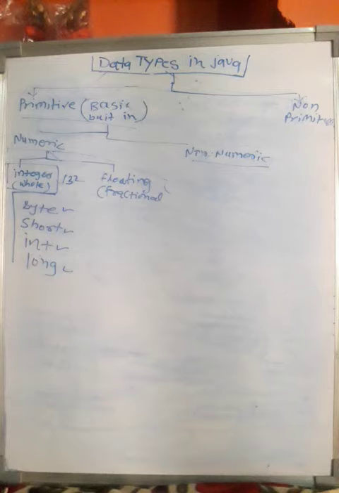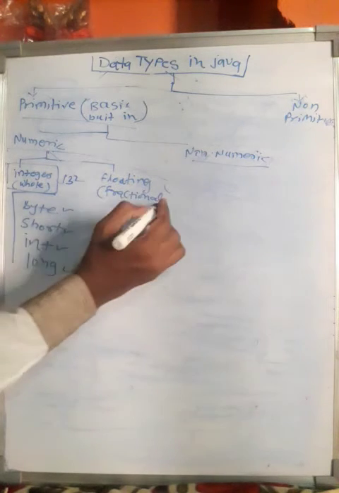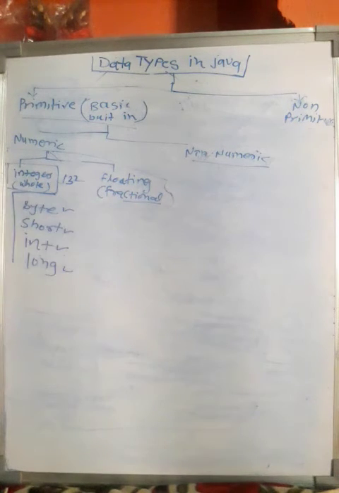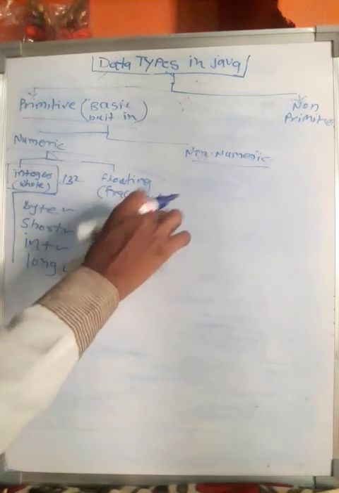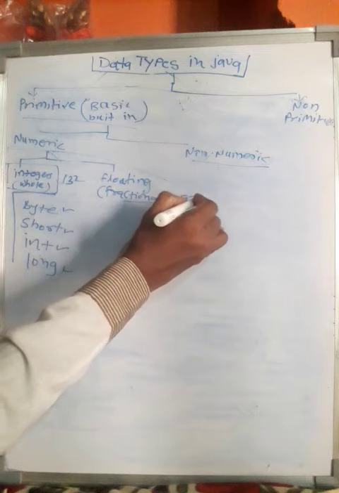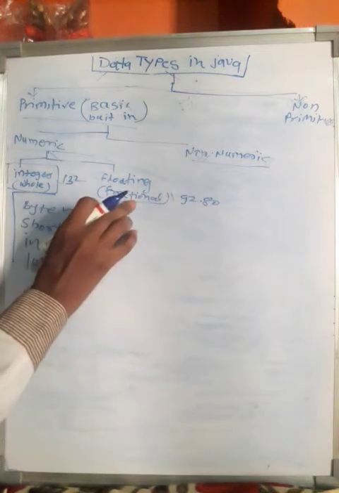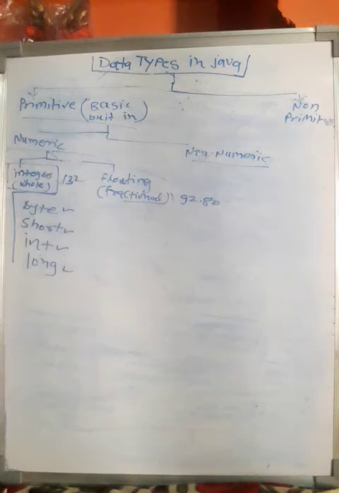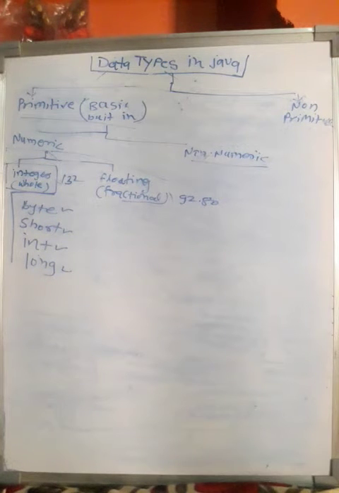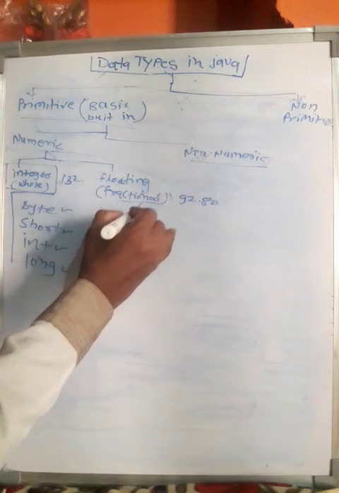What are floating points? Floating points mean fractional numbers. For example, to specify marks in percentage, such as 92.80, this type of value is fractional and is called a floating value. To store such values, Java provides the floating data types, which are float and double.